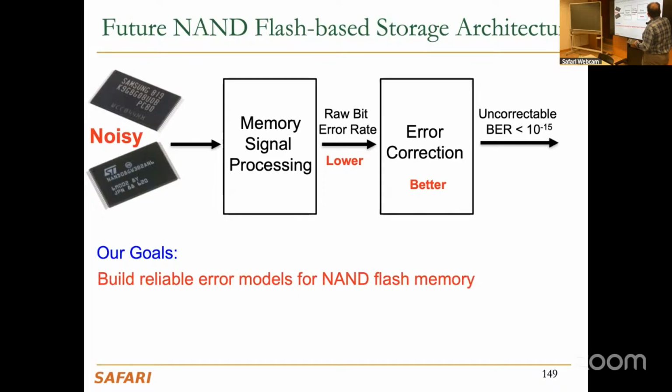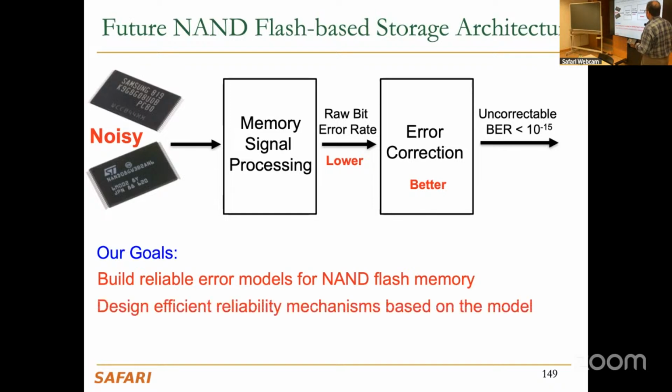This is the standard, which we call the uncorrectable bit error rate. It should be less than 10 to the power minus 15. So the goal for ECC is that we need to get to this rate. When your uncorrectable bit error rate is higher than that, it is not a medium that you can use as storage, for example. So that's the standard, essentially.